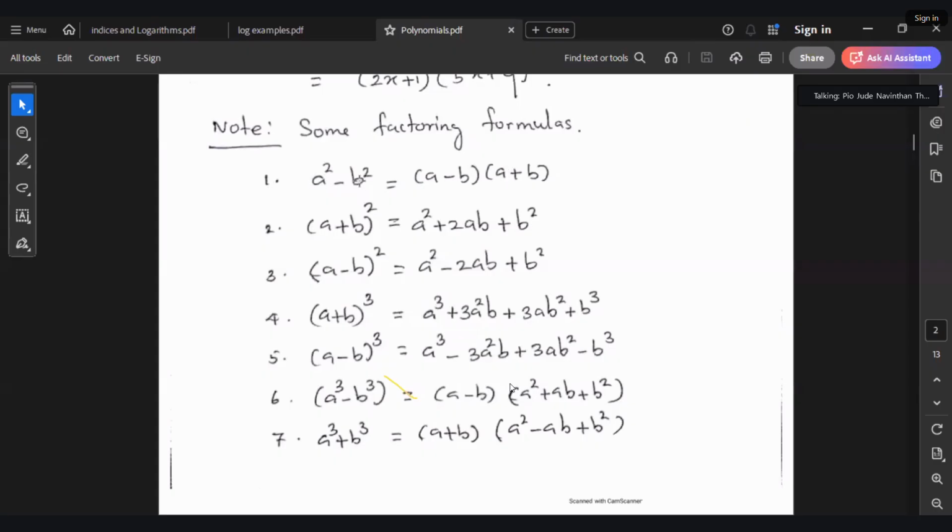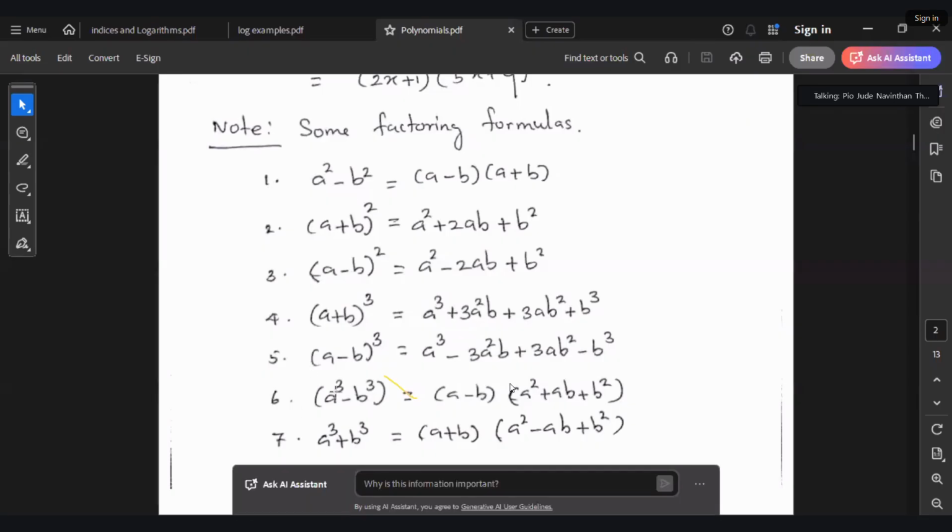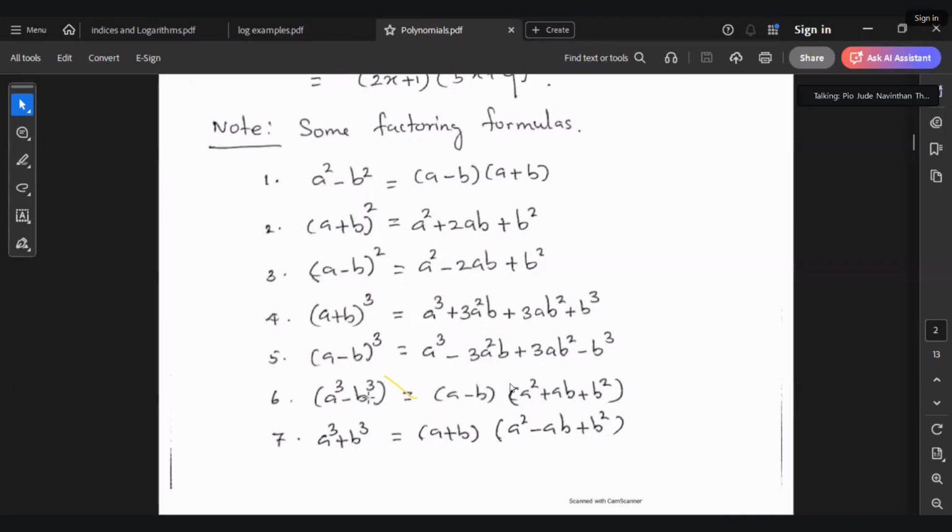We can't relate it with another function. But here, these two are having relations. Similarly, A plus B holding 3 and A minus B holding 3 are having some relations. So A square minus B square is a single formula. There is no similar formula. A3 minus B3 has a single formula.